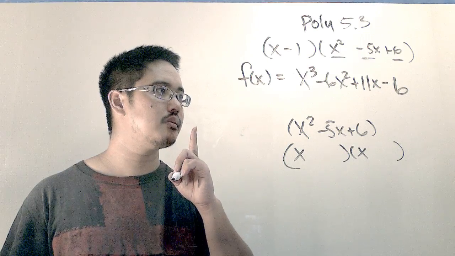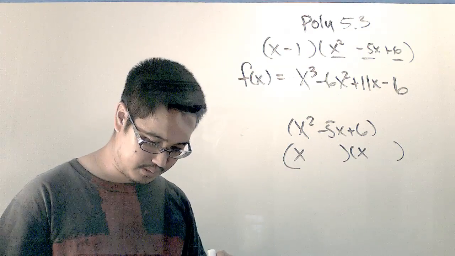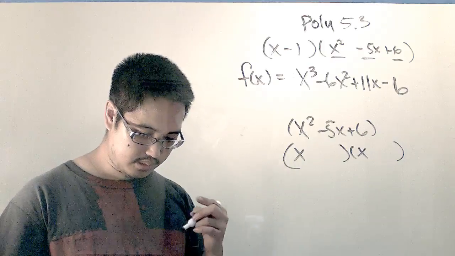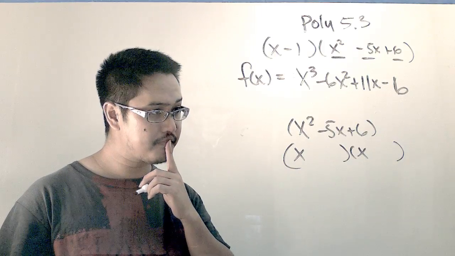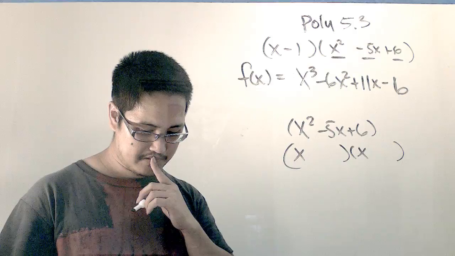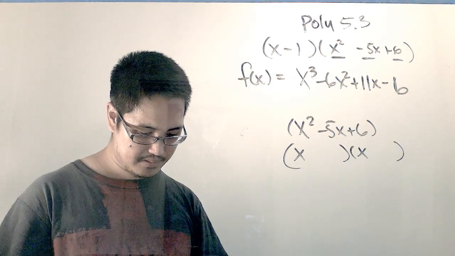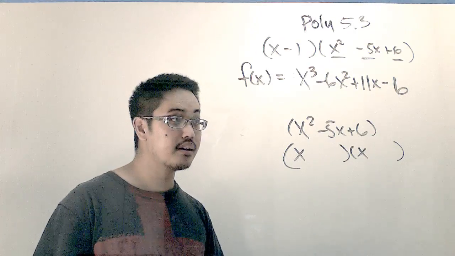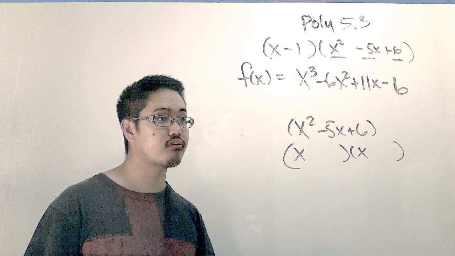Oops, nope. Wait a second, did I copy this down wrong? No, I didn't. I did it right. I think I copied it down wrong. What did I do wrong?